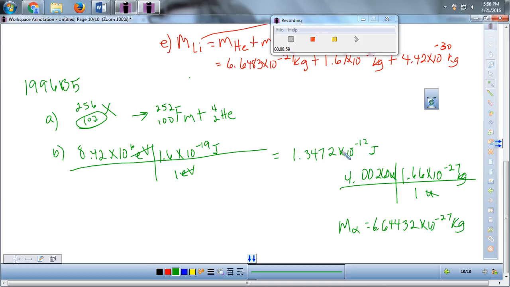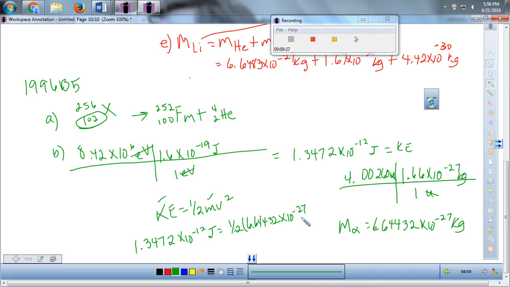So now I have my KE. I have my equation, KE equals 1/2 mv squared. I know this quantity and this quantity, so I'm going to say 1.3472 times 10 to the negative 12th joules is equal to 1/2, and I have to have that mass in kilograms, 6.64432 times 10 to the negative 27th kilograms, times V squared.